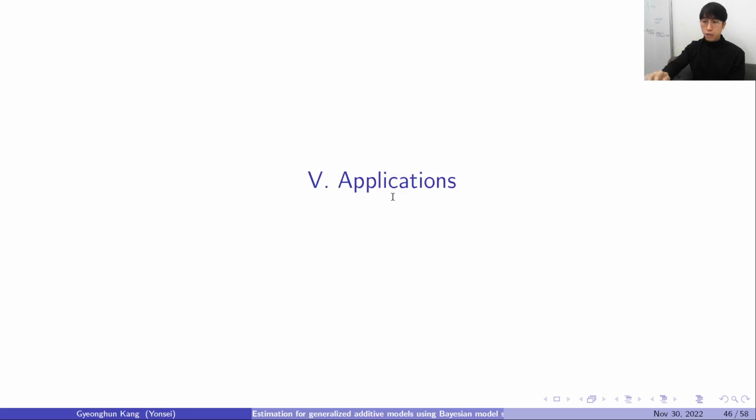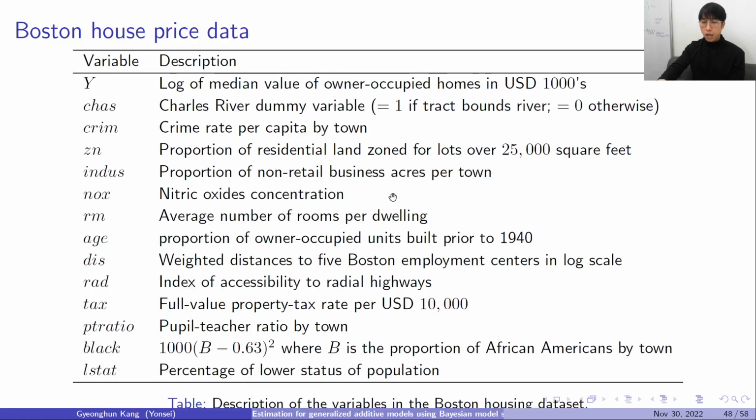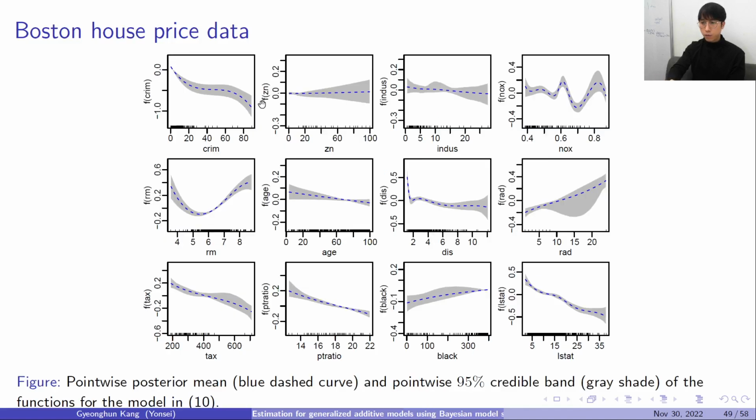Okay, so the last part is the applications. I'm going to be very brief here. We used the Boston housing price data for the Gaussian additive model, and the results are here. We used these 12 additive function components, and they are estimated very nicely. Some of them appear to be very linear, so we want to answer what is the probability of the function being linear. Our Bayesian model selection formulation of the basis function provides an answer to this question.